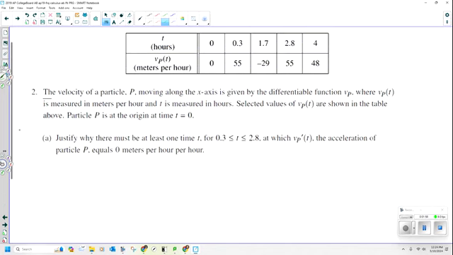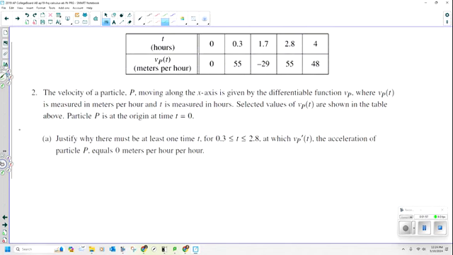The mean value theorem states that, instead of using y and x, we'll use Vp of t. It's basically change in y over change in x.